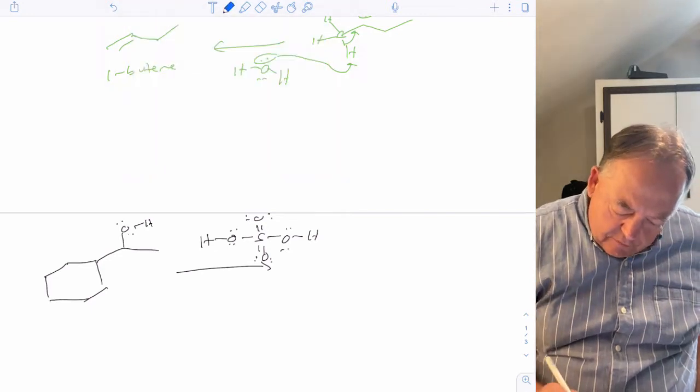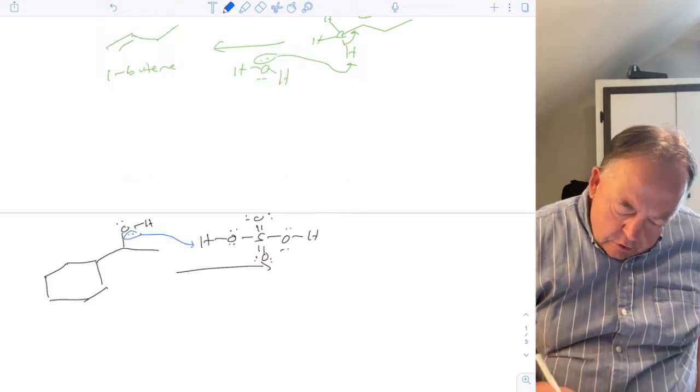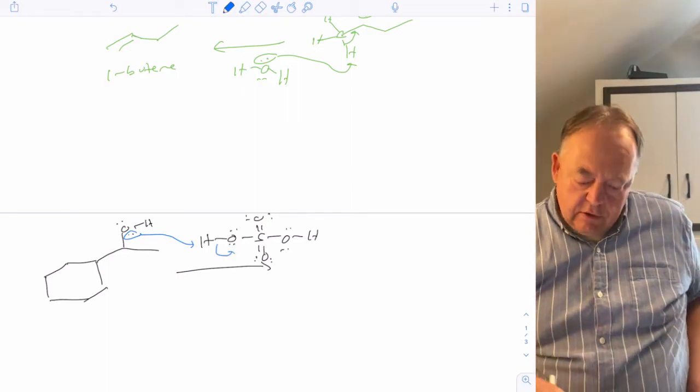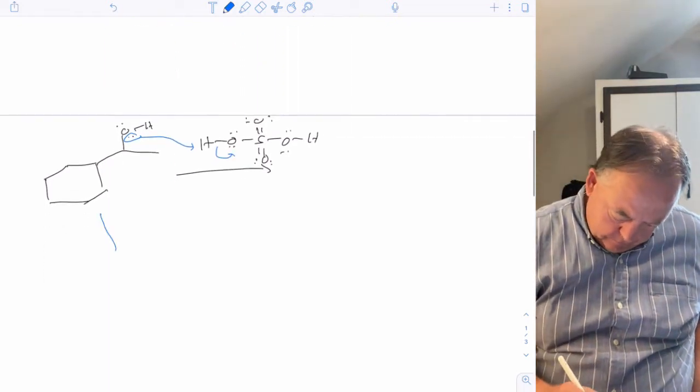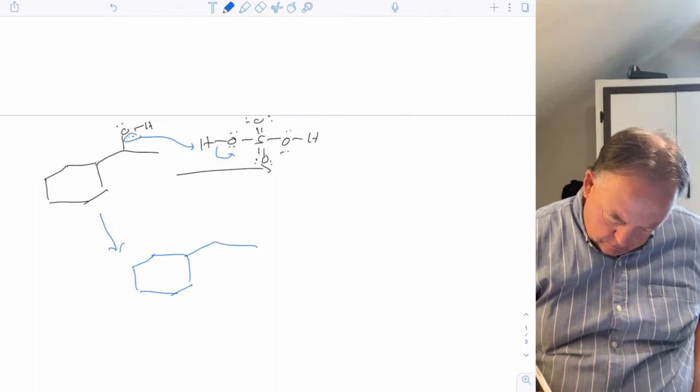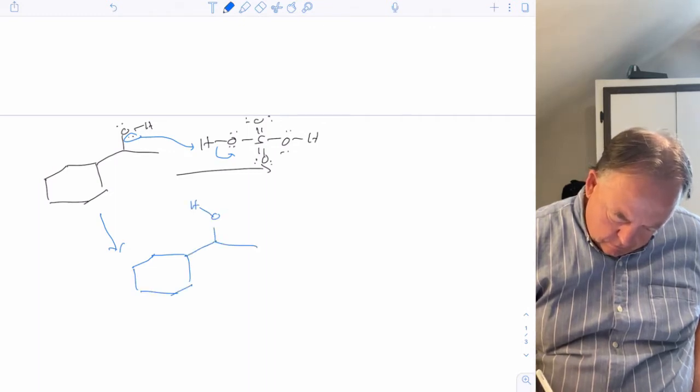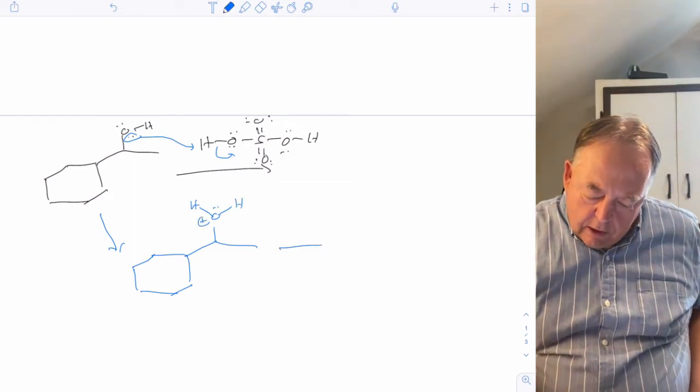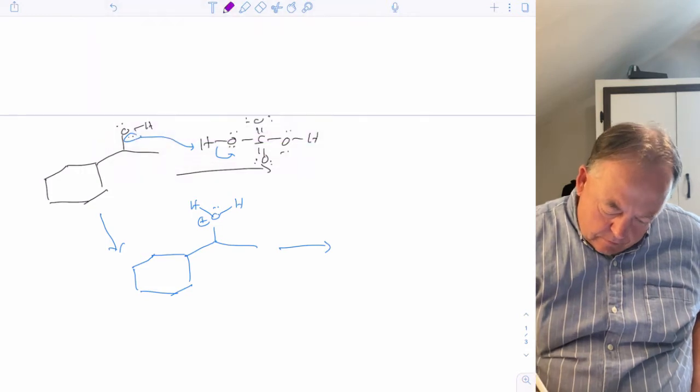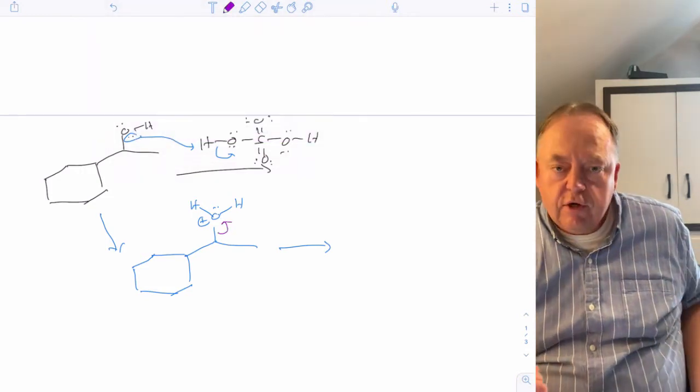So again, H2SO4 is a strong acid, so you can lose a proton from H2SO4. And then water molecule can leave, right, take the 2 electrons with it.